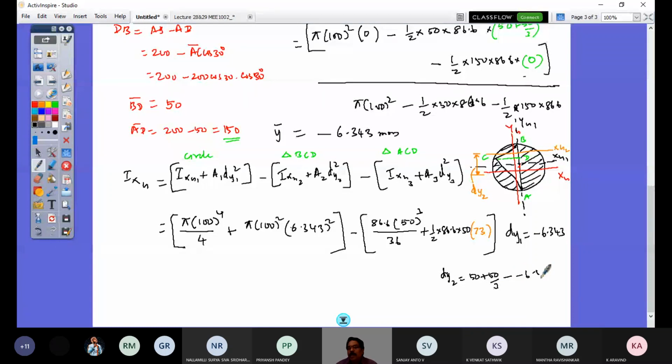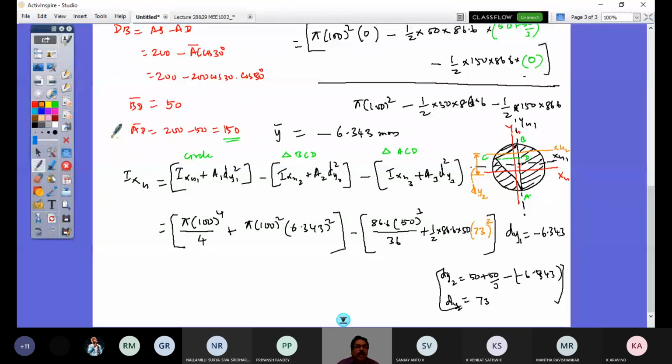So this minus minus becomes plus. So this value is 73, right? So this is how you get your dy2. So that is substituted here. And this should be in the square term, right? It should be squared. So that is for the triangle BCD.